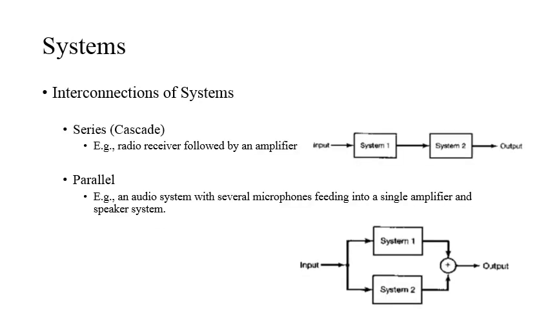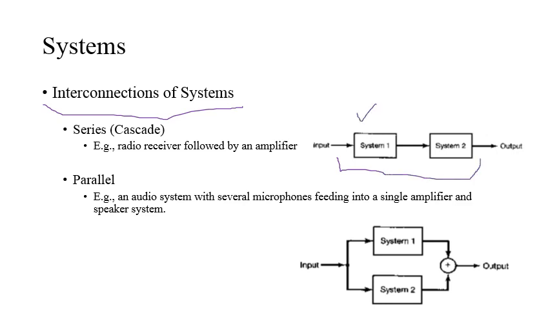Then the next topic is systems interconnection. I will go quickly through them because you have done this in so many different subjects. We have the cascade, which is also called series.